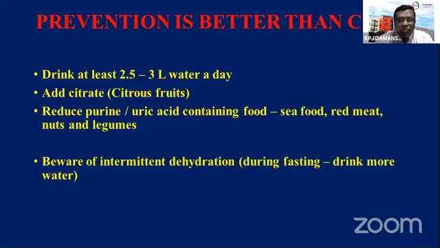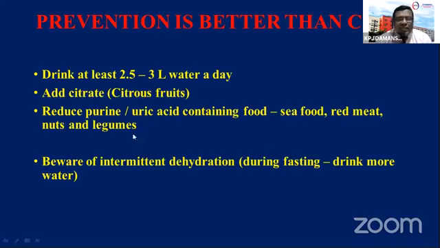If you have a heart problem like congestive heart failure, or kidney failure or something like that, then of course you cannot take too much water. Then you have to speak to the urologist, and the urologist will advise you what to do. But if you're a young person, capable of drinking that amount of water, then it's best to drink 2.5 to 3 liters of water a day. Water is the best medicine to prevent urinary stones or kidney stones.